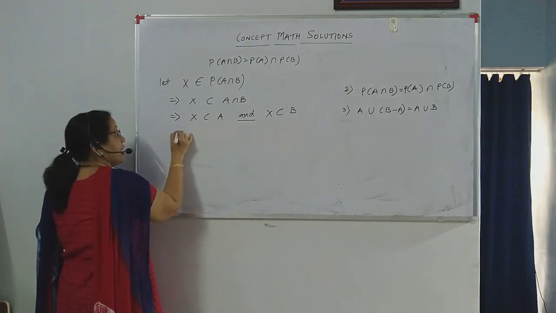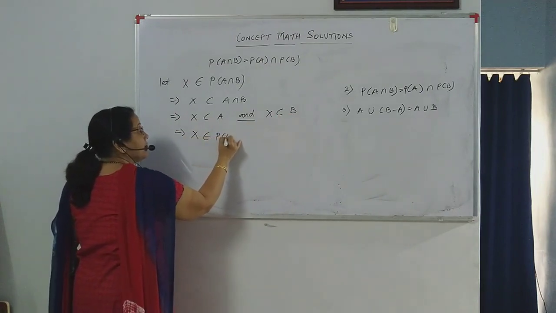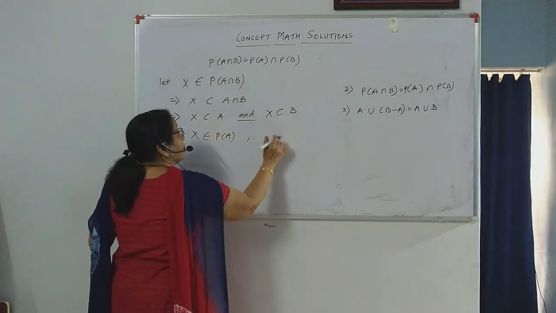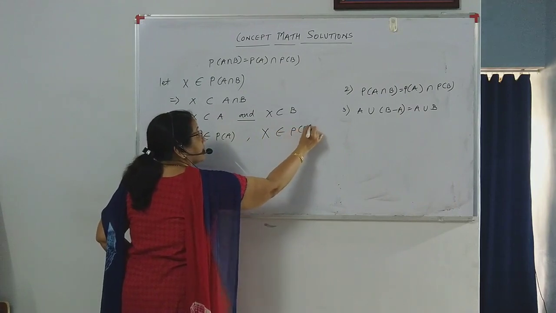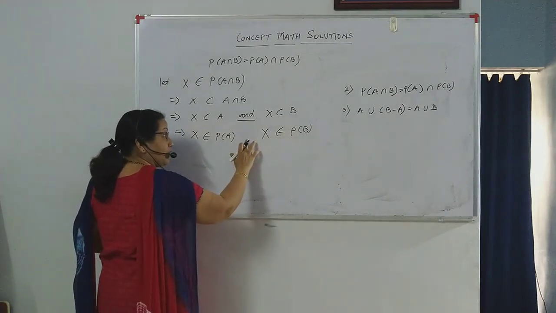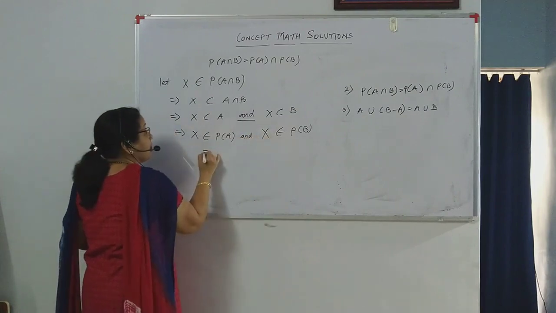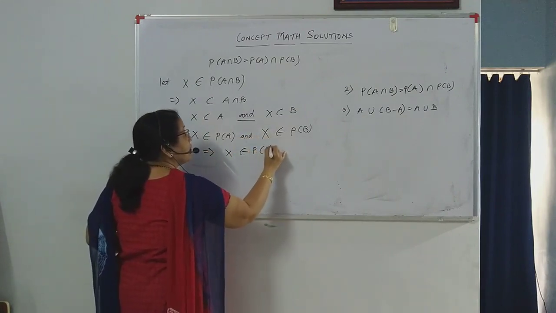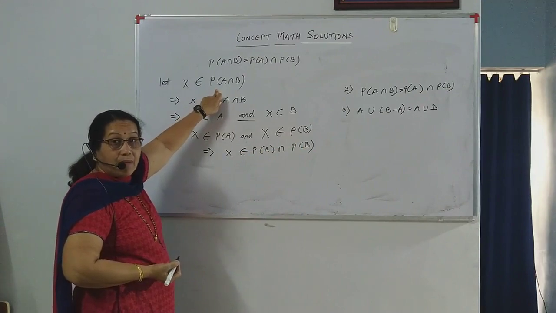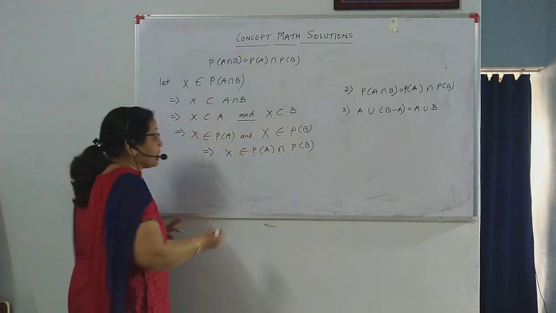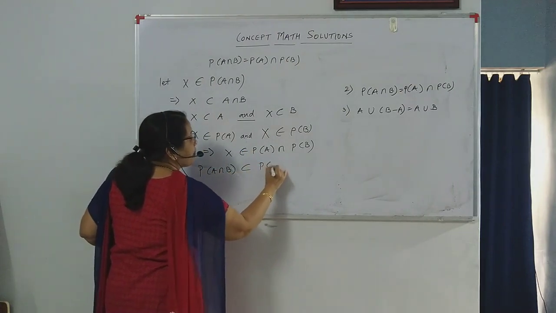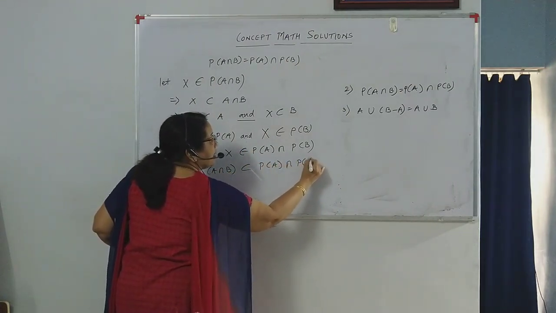Now X is a subset of A, that means X belongs to the power set of A, and X belongs to the power set of B, only then it is a subset of B. That will mean X belongs to the power set of A intersection the power set of B. That means all elements in the power set of A intersection B are in the power set of A intersection the power set of B. That means the power set of A intersection B is a subset of the power set of A intersection the power set of B. Right?